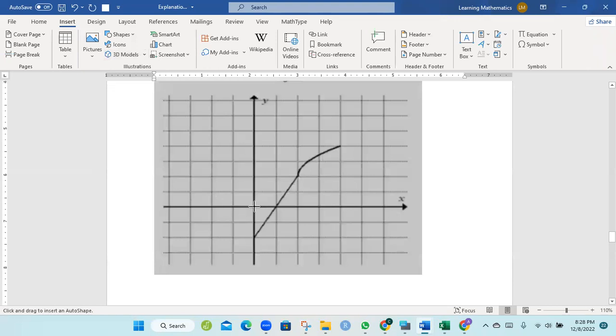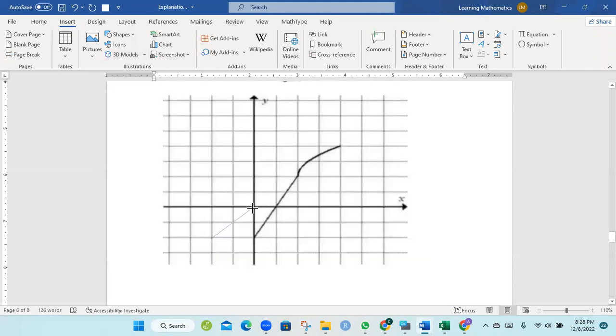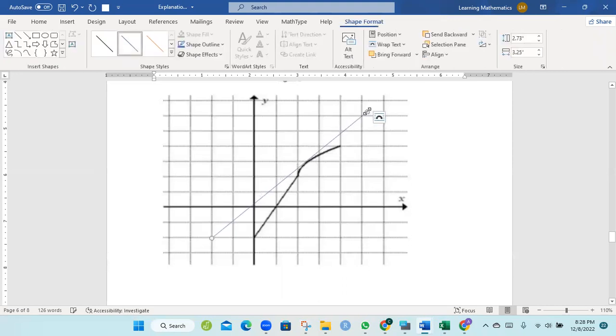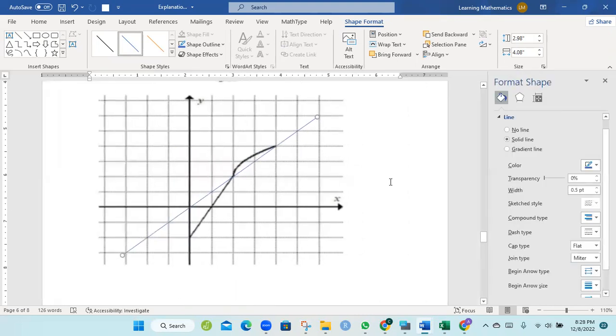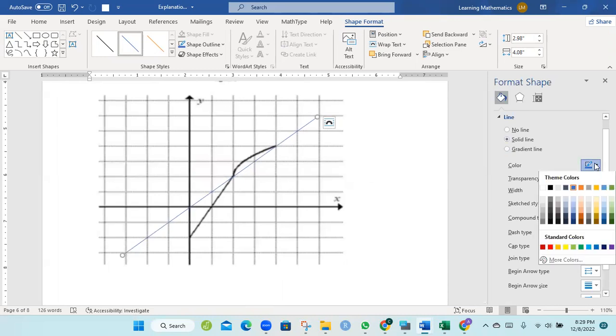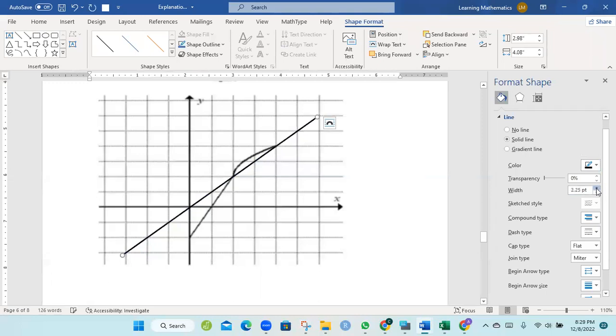So the mirror line y is equal to x must pass through the origin, and it goes up. Let's format this line, let's put it a little thicker, or let's color code it. So that's y is equal to x.